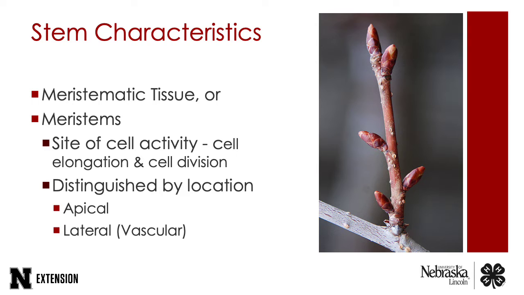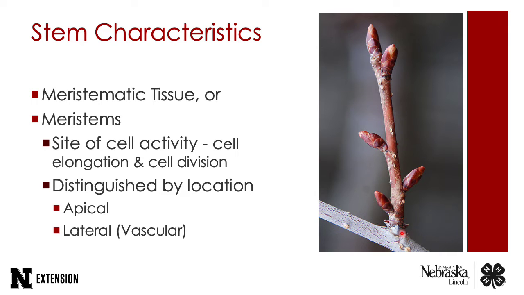Now let's look at some of the meristematic tissues and the terms associated with those as far as plants go. A meristem is just a site of new cell division, and behind the cell division we have cell elongation. In plants we have an apical meristem, which is a bud right at the tip of the stem.